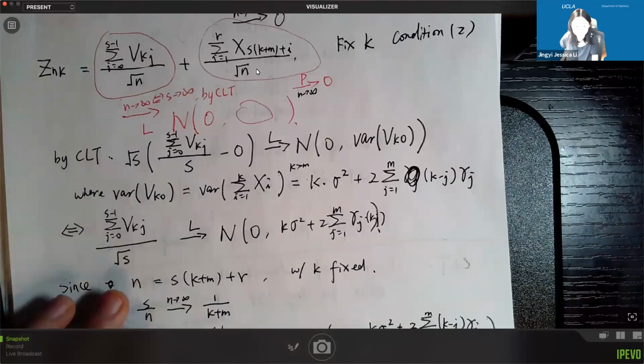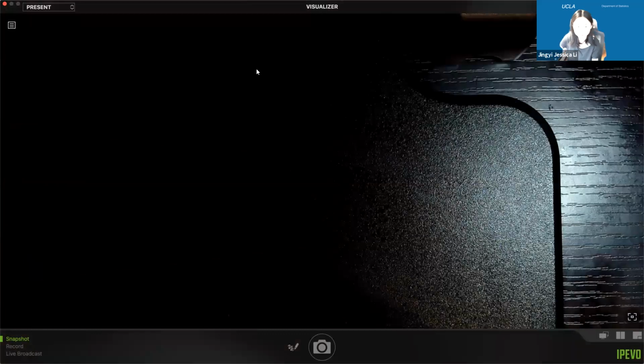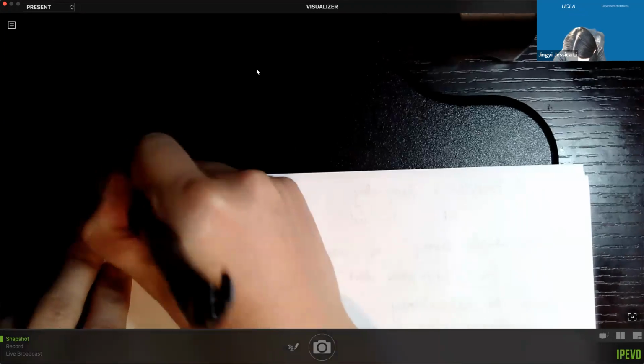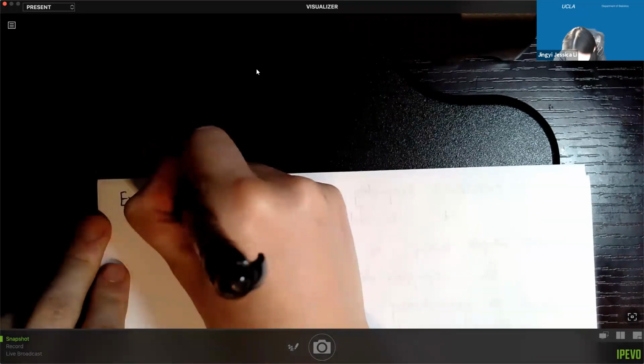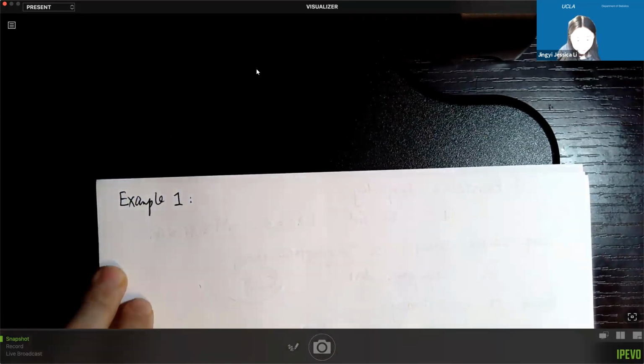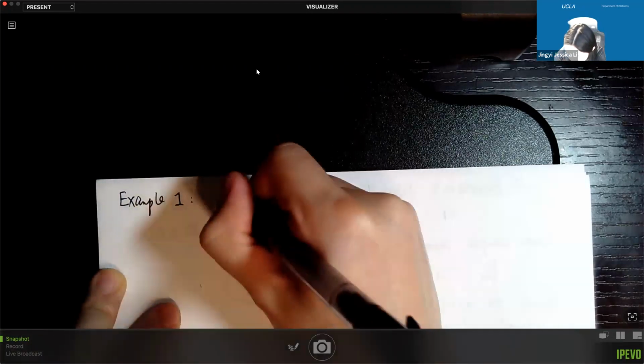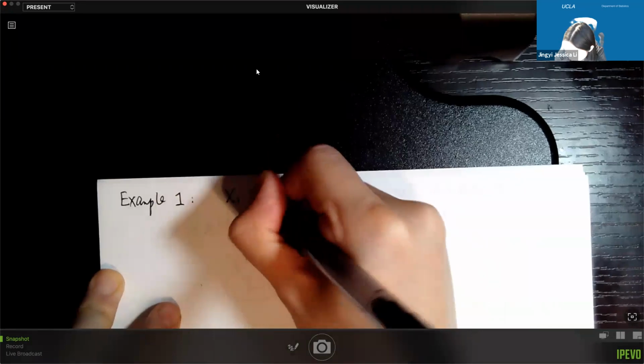It took most of the class for today. But before we finish, I can show one application of the theorem. This is more important for those of us who are interested in using the theorem. Okay, so I'll quickly do one example. Example 1. We have x1, x2, and so on, IID.